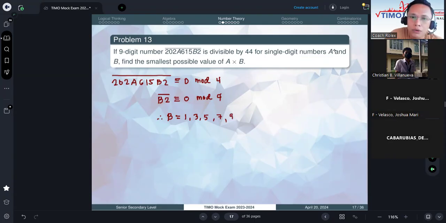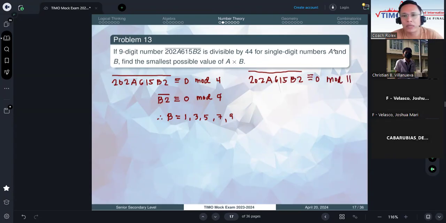Now, for 2002A615B2, this is also equivalent to 0 modulo 11, right? Then simply for modulo 11, all you have to do is alternate.